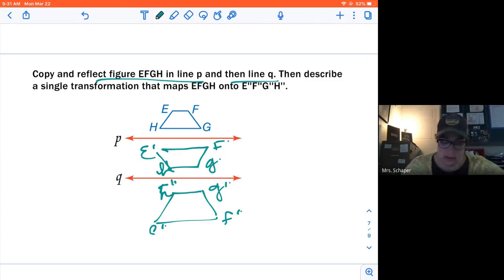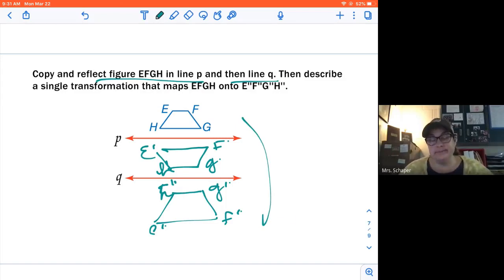Okay. So the single transformation would be a slide. It would just slide on down. And again, keeping in mind that the distance from H to H is going to be double this distance.